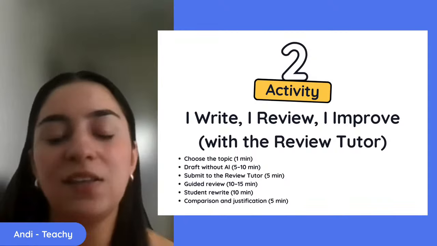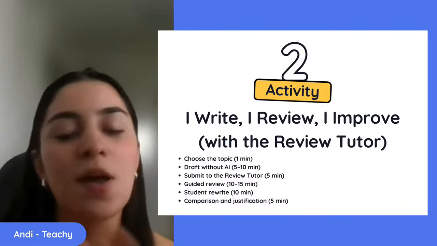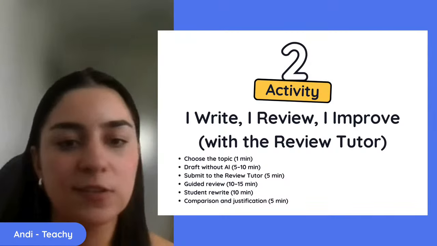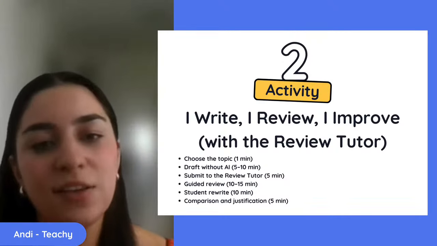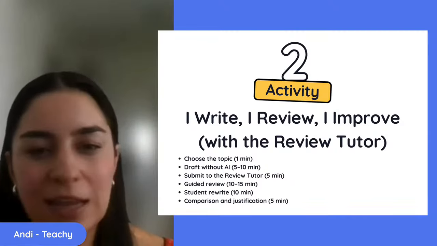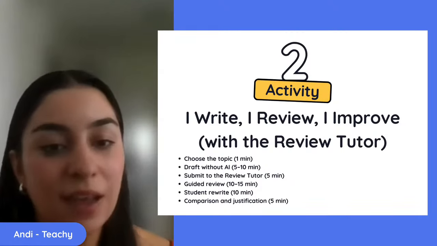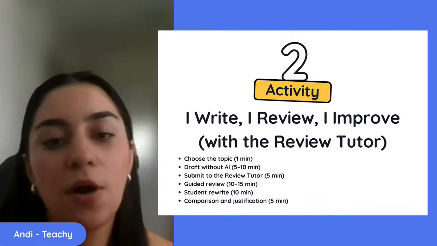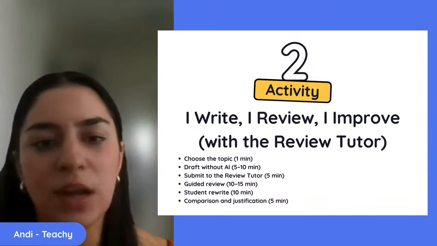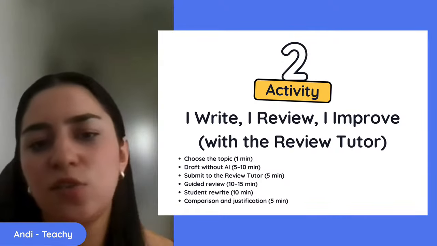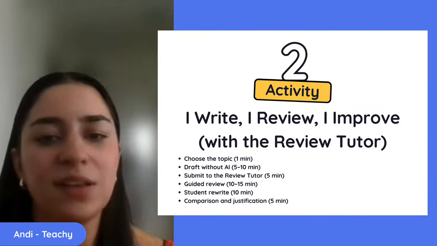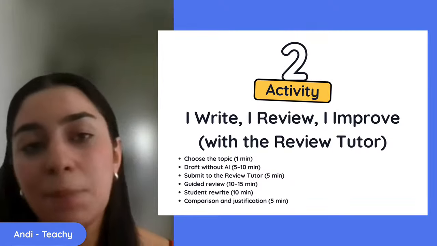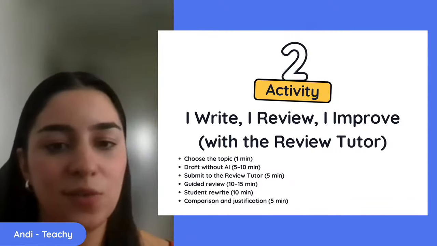So the AI is suggesting changes, but not rewriting the text. Okay, and then the last step is that the student will rewrite the text with the support of the tutor's ideas. So the student will rewrite the text independently, applying only what makes sense to them.